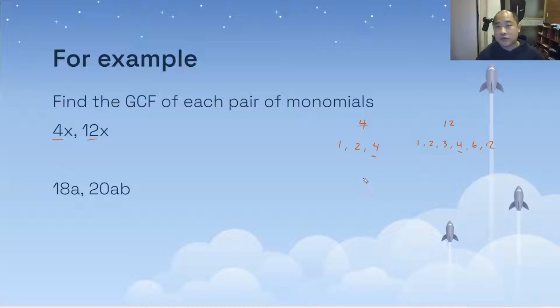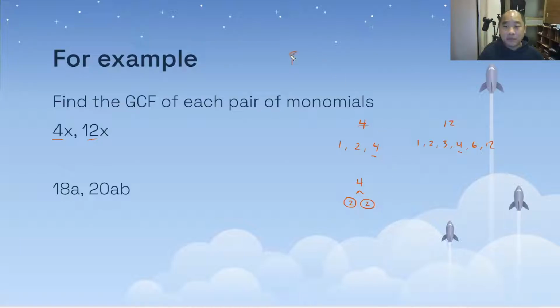The other way of doing this is using a factor tree. So a factor tree looks like this. You write 4, and then you write the factors of 4 that are not 4 itself or 1. So, for example, 2. And then when you get to a prime number, you just circle it. This is called prime factorization.